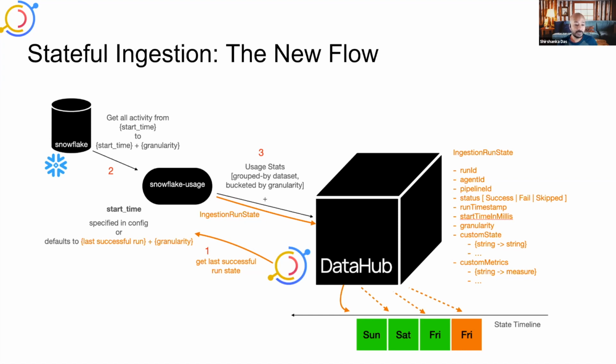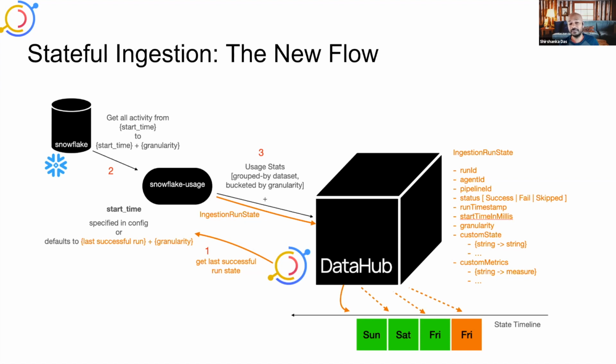The first thing it does when it starts up is get the last successful run state from DataHub. And DataHub internally has temporal state for all of the previous runs. Once it figures out the start time based on the last successful run state, it then issues the query to Snowflake, gets the deltas, does the same thing, groups usage stats, and sends it over to DataHub.